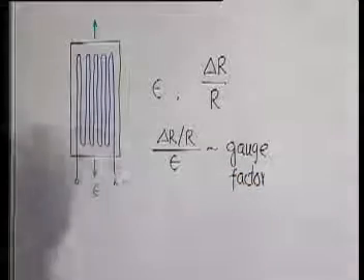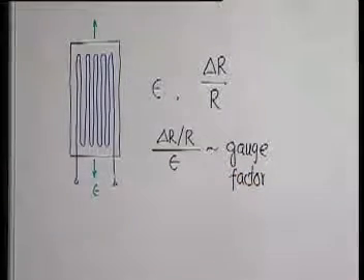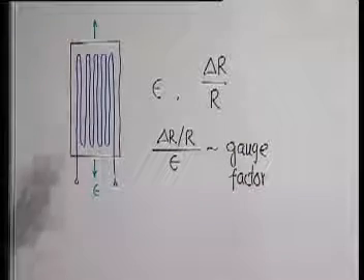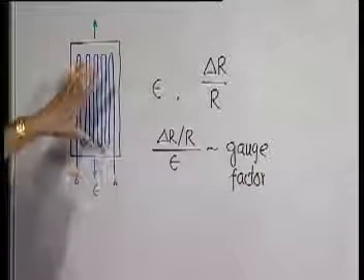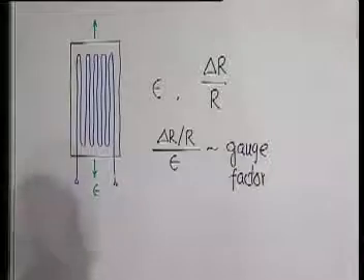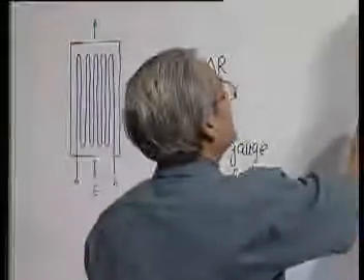In ordinary strain gauges it can be of the order of 2 or 3, whereas in semiconductor strain gauges it can be a couple of hundred. Anyhow, this makes it very suitable for measuring strain. So let us see how we can use it.